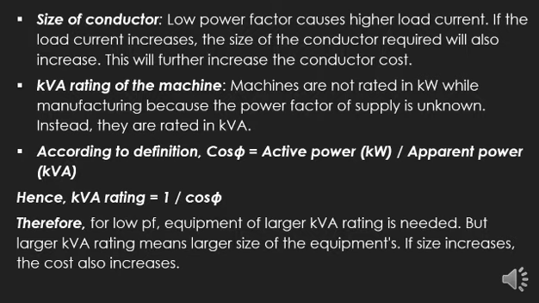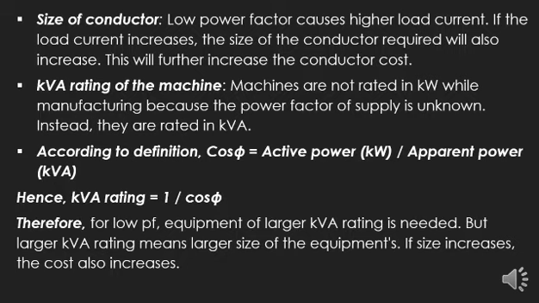In terms of the kilovolt-ampere rating of the machine, machines are not rated in kilowatts while manufacturing because the power factor of supply is unknown. Instead, they are rated in kVA. According to the definition, cos theta is equal to active power in kilowatts over apparent power, which is the kilovolt-amperes.